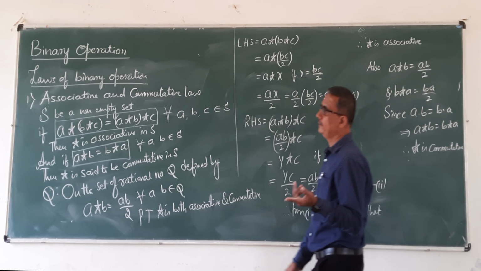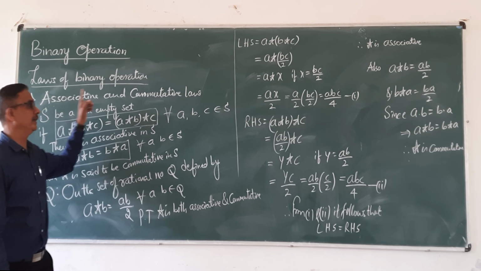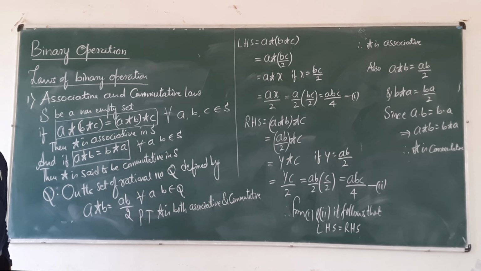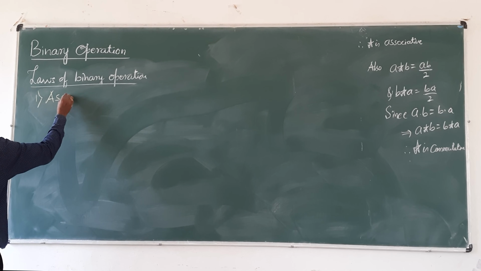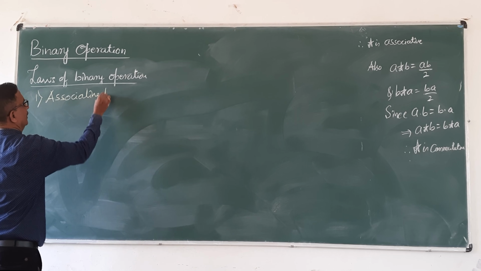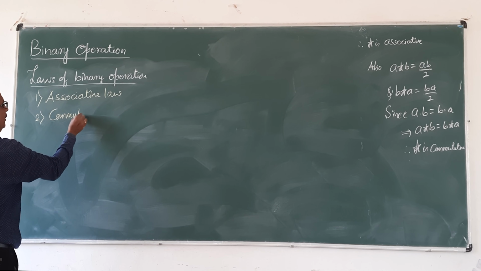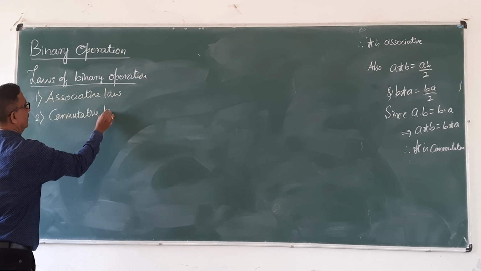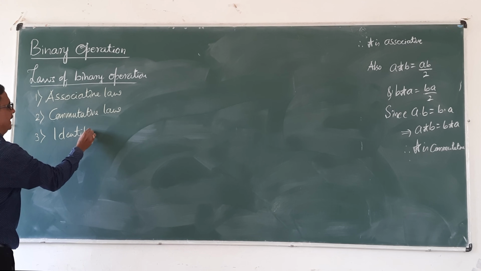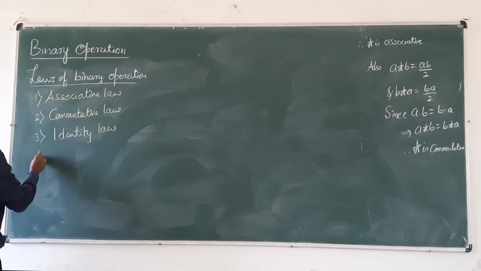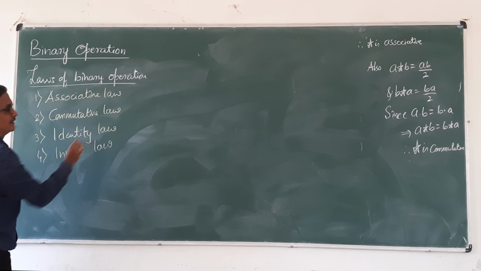So the laws of binary operation: first one is the associative law, second one is the commutative law, third one is the identity law or identity axiom, and finally the fourth one is the inverse law or inverse axiom.